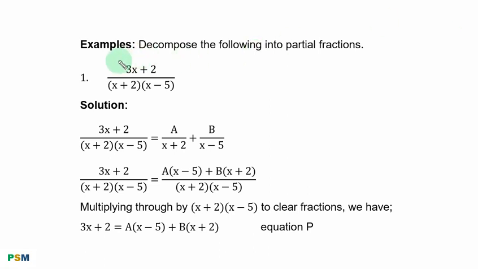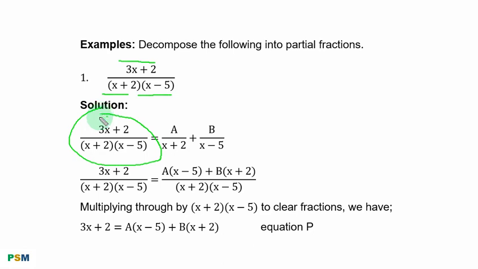Number 1, (3s + 2) over (s + 2)(s - 5). Solution: you have the given compound fraction.